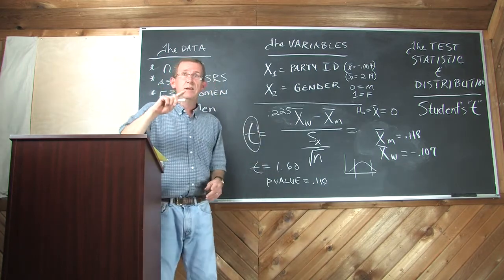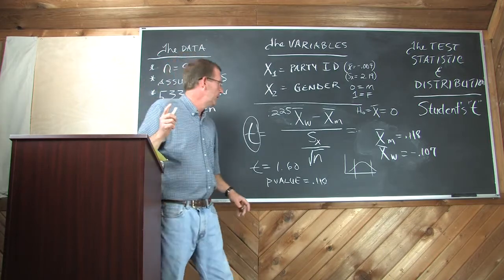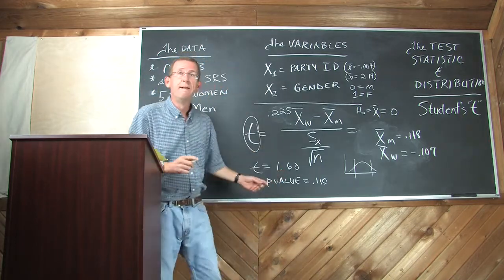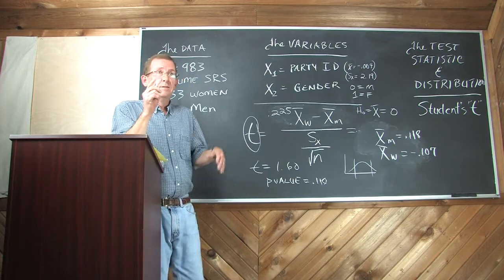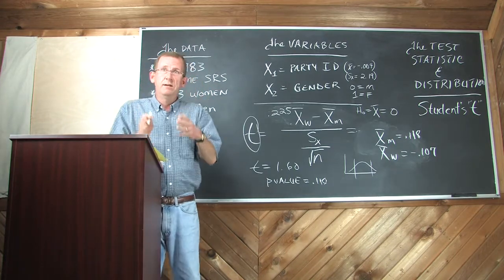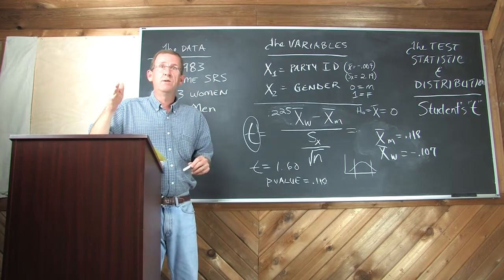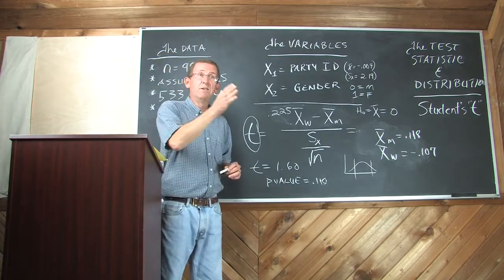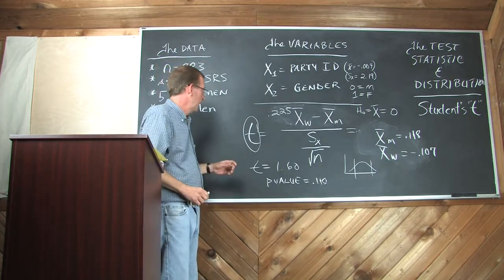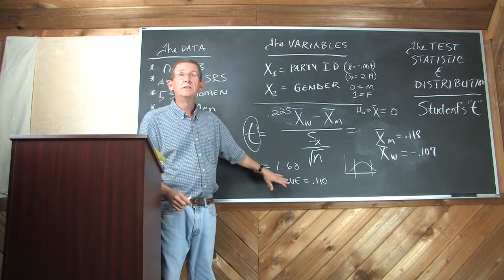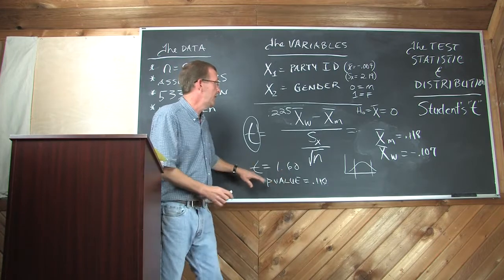When t gets to be about 2.0, in this case it's 1.60, that's when ordinarily you see p-values going underneath 0.05, and when frequentist statisticians would say you have a statistically significant result.